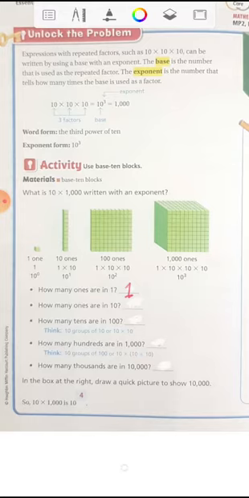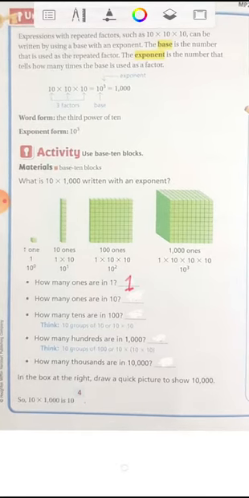Now let's move to the tens digit. The tens digit is described by the long. When you want to find the value of the tens digit, you have to multiply the number by 10. If you want to write it in the exponent form, you have to put the base and the number of repetitions.